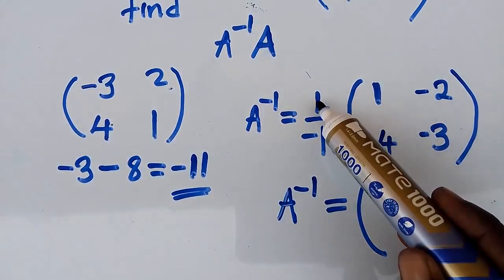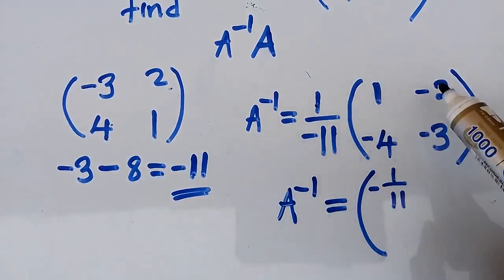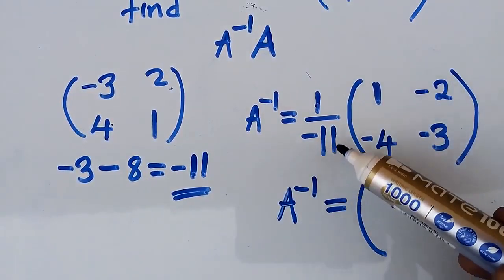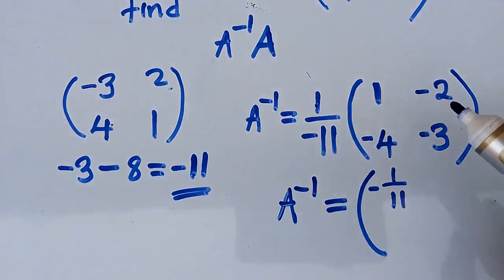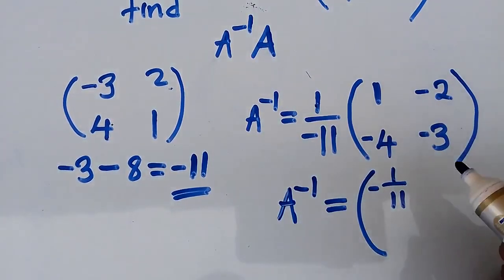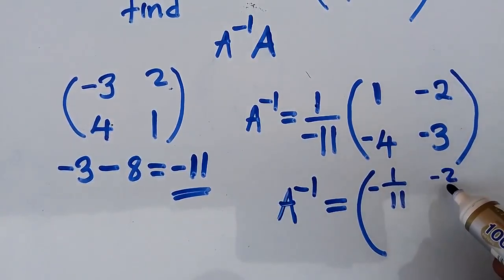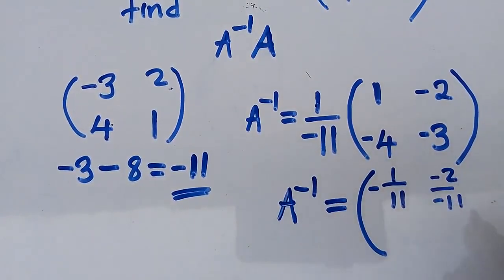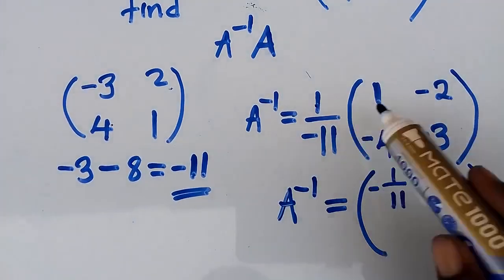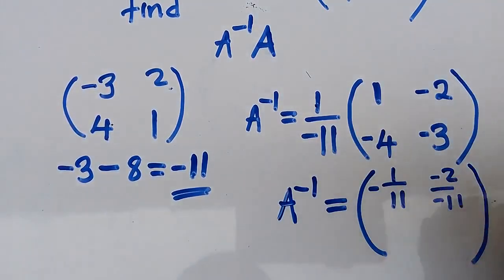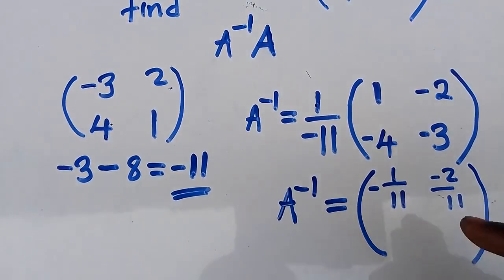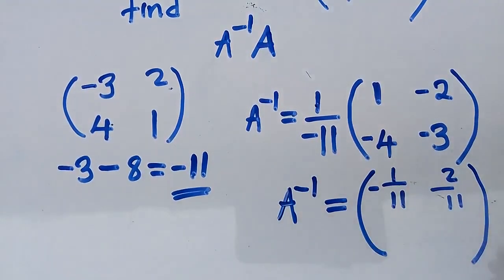What is 1 times negative 2? I'm going to get negative 2 over negative 11. The negative and that negative are going to cancel out.